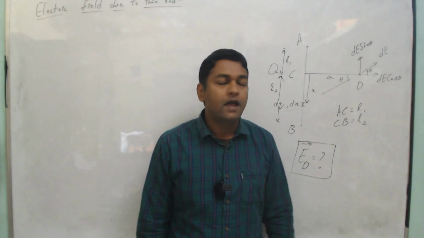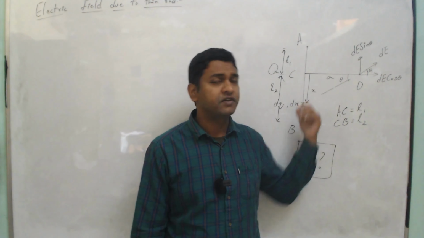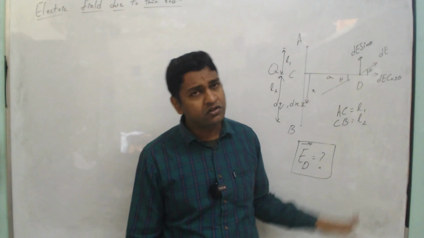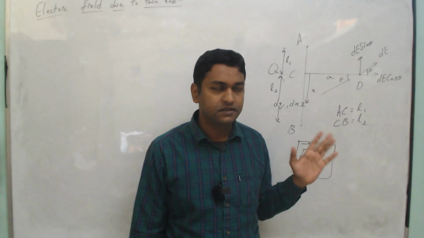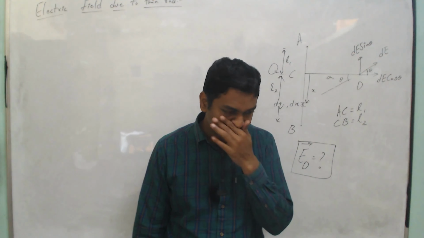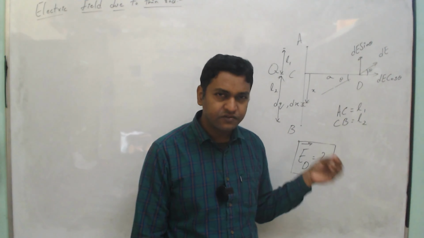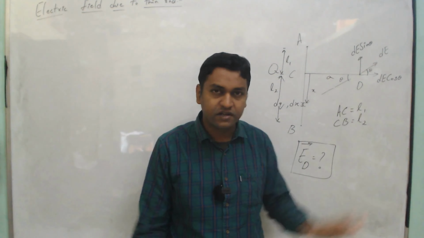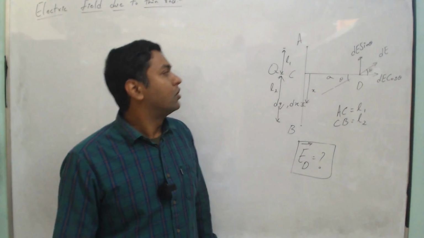And if I talk of dE sin theta, the direction for any element will be along a vertical line. Upward or downward is a different thing, but it will be along the vertical line. Is this clear? Yesterday we discussed that after taking components, we can do individual integration. That is fine.